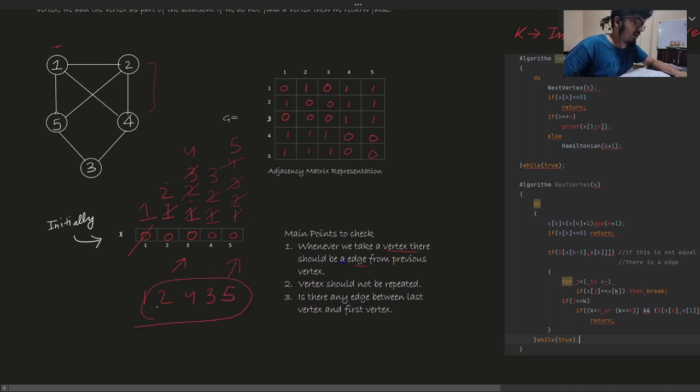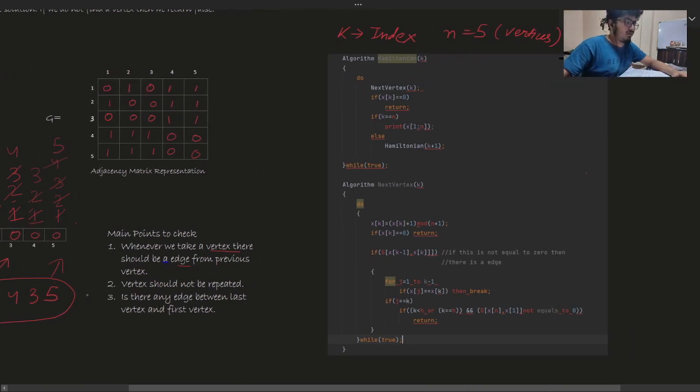This is the Hamiltonian path, what we want. From this, you will understand the algorithm now. This algorithm checks for the next vertex. How much time we take, I don't know.